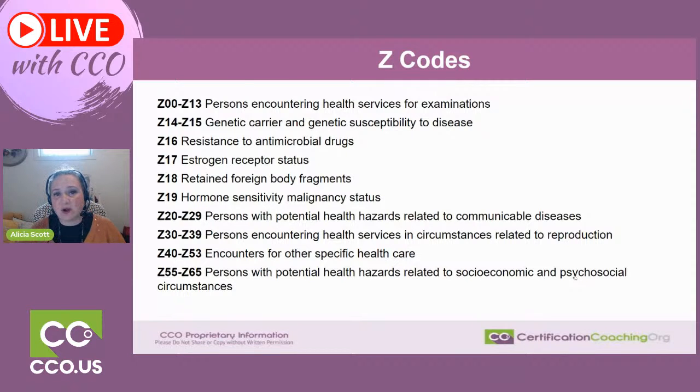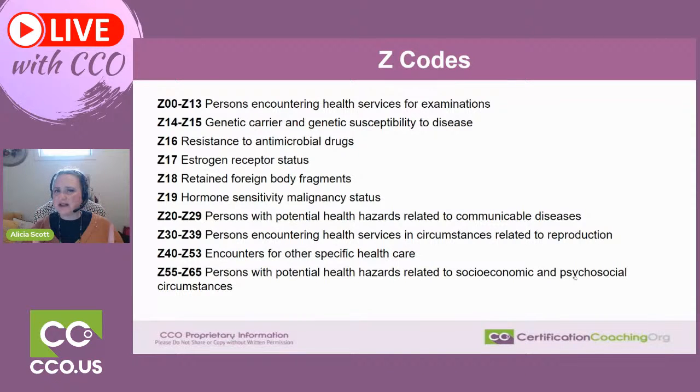This category is where we start looking at things like drug resistant methicillin, or things like MRSA. Z17, estrogen receptor status. The best way to describe this is when you get breast cancer or certain types of cancers that are fed off estrogen, they use this to identify it.